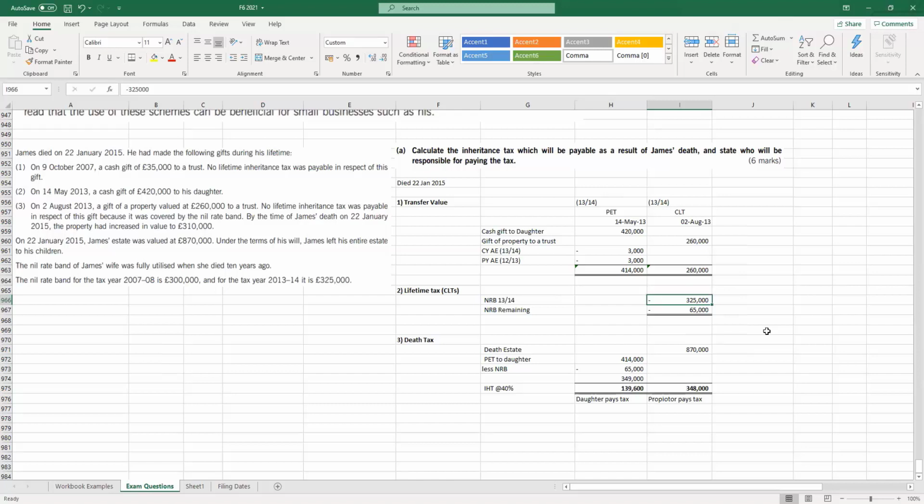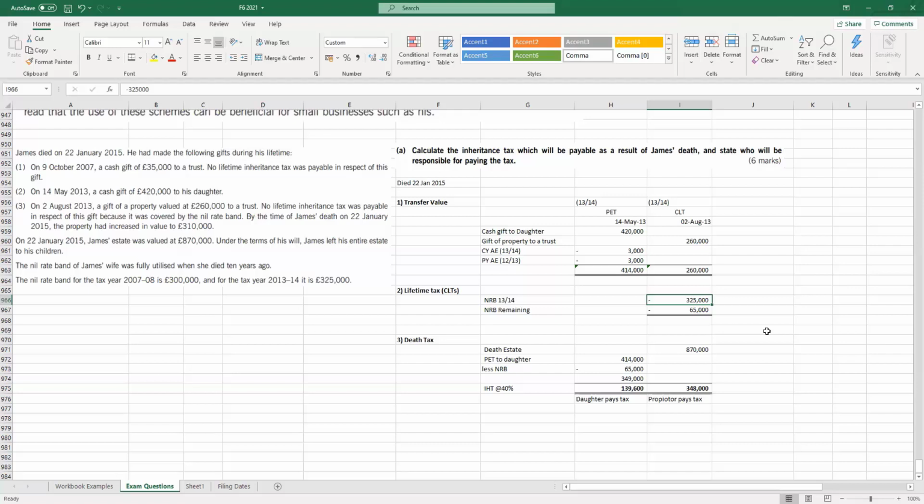Even if it was 7 years before. Because for the cash gift, you have to look at it at that date, and you have to see what availability is at that date, not at date of death, but at that date of cash gift. You have to look 7 years back from that other date, not the date of death.